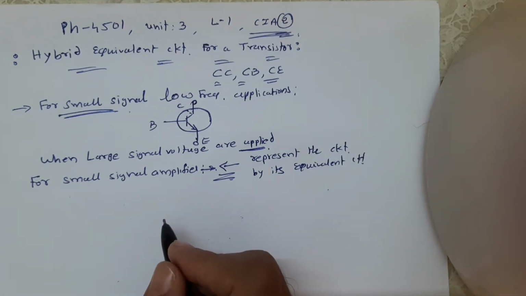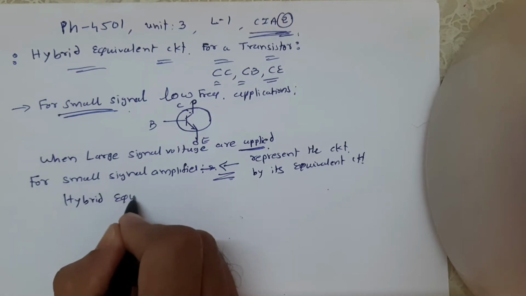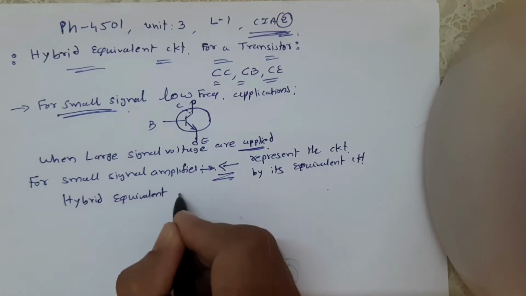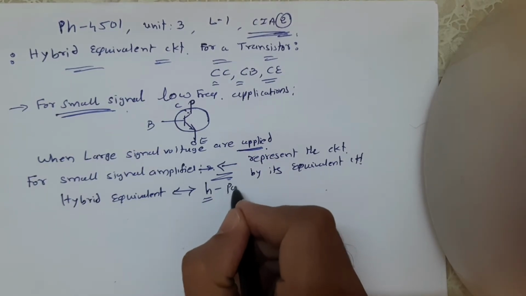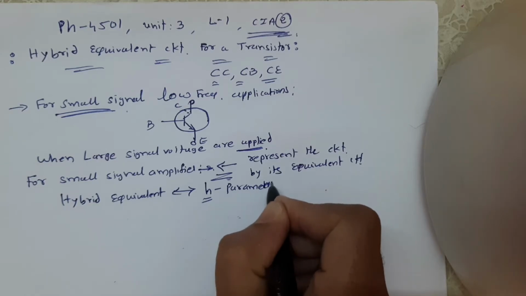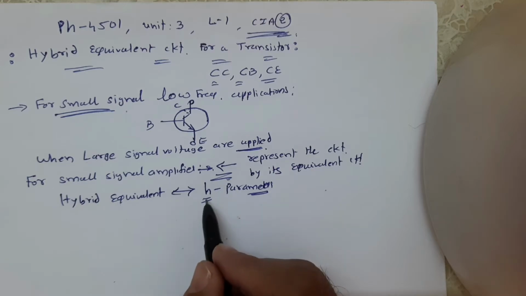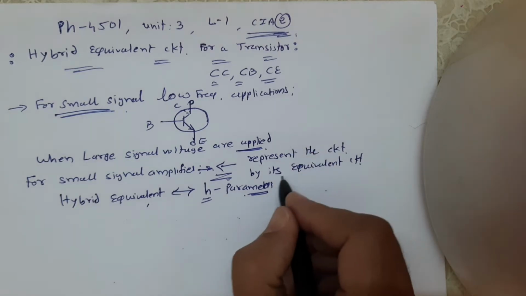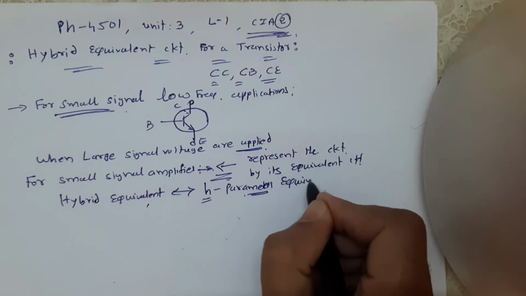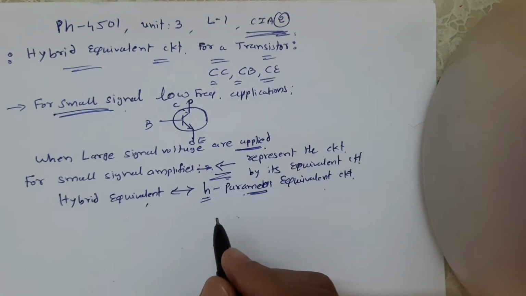The hybrid equivalent is nothing but our H parameters, for hybrid parameters. So the hybrid equivalent is also known as the H parameter equivalent circuit, and is widely used for analyzing low frequency devices.